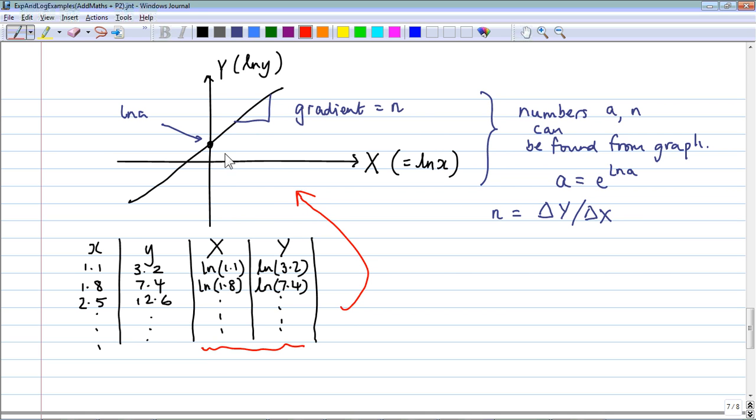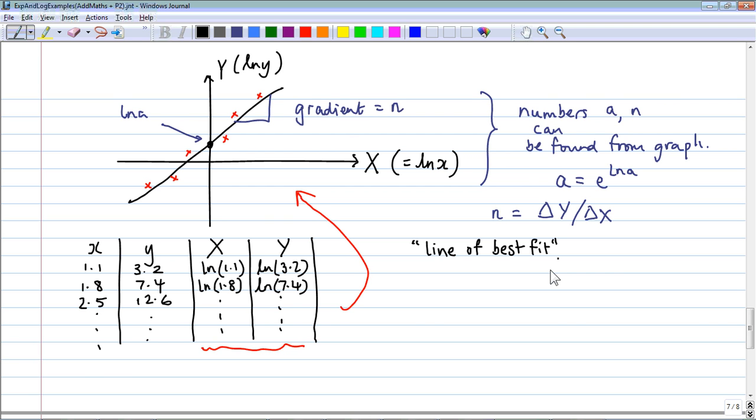And then you're making your graph from these two columns. These two columns are used to make the graph, and that will give you a set of points on the graph, such as this, and this, and this, and this. And then you make a line of best fit. So the line that you're drawing with your ruler on the graph is the line of best fit, as you do in physics and chemistry and so on.